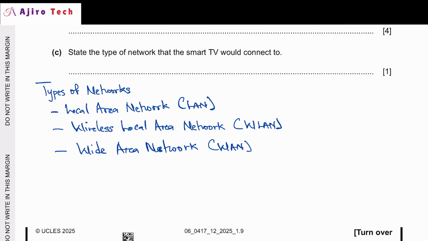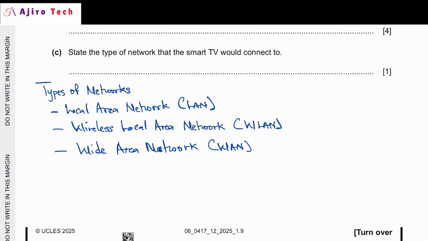Of course, the access points are connected to a wired network at a fixed location, but you can access it wirelessly. Then wide area networks are used where computers or networks are situated a long distance from each other geographically, in different cities or different countries.